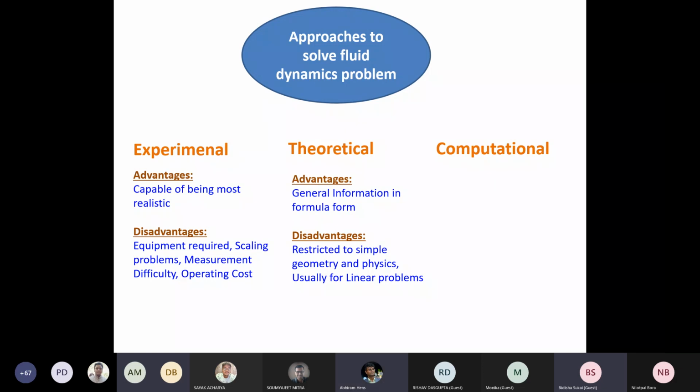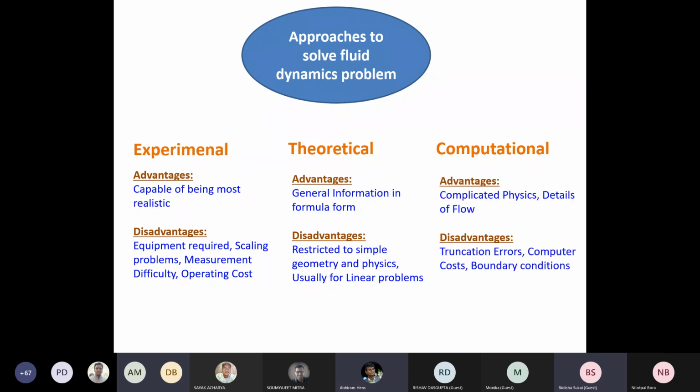So the third option that is available to us is the computational route. The computational route's advantage is that even if there is complicated physics, you can handle it. Okay, you need not do a lot of simplifications which are not permitted, and you can get details of the flow.